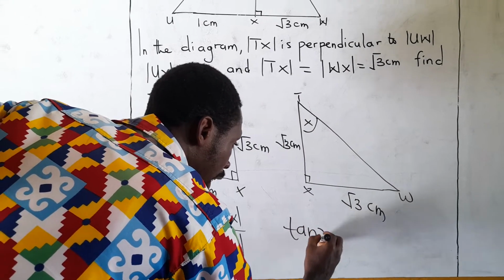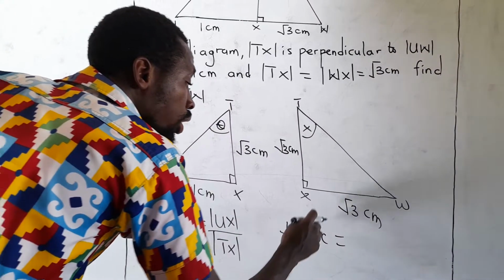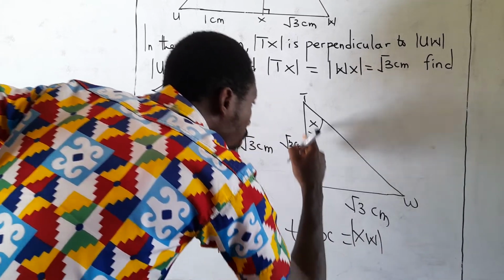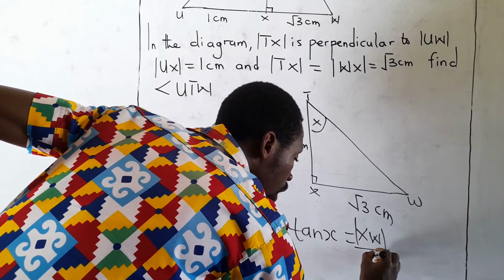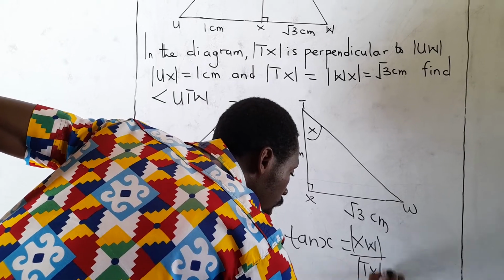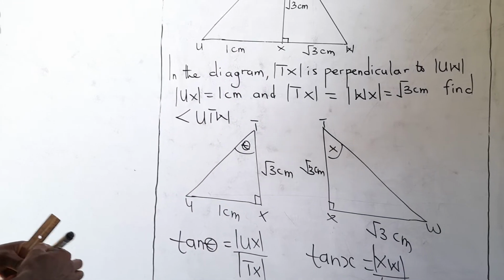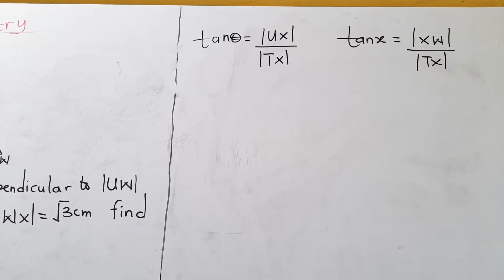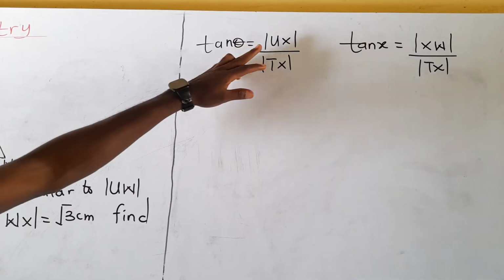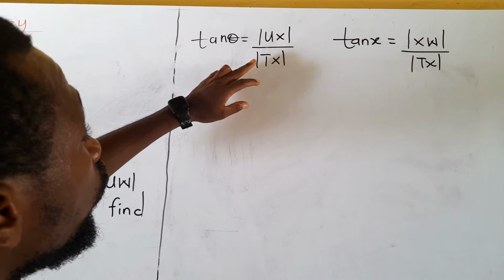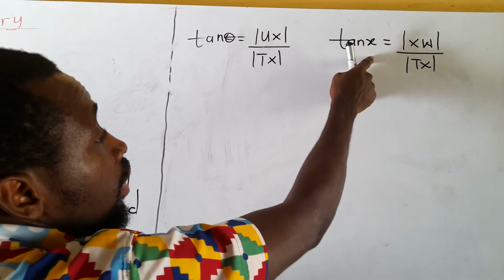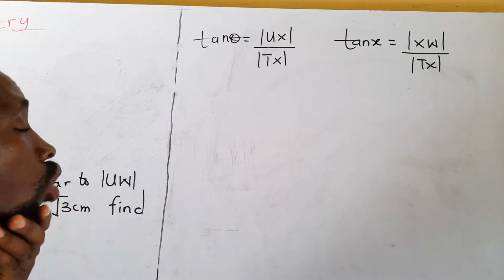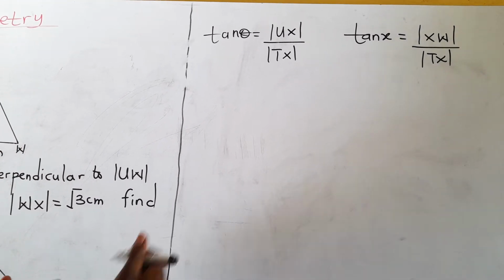I'll say tan x is equal to my opposite, which is XW, over my adjacent, which is TX. So we said tan theta is equal to UX over TX, and tan x is equal to XW over TX. We just locate the dimensions and we substitute.